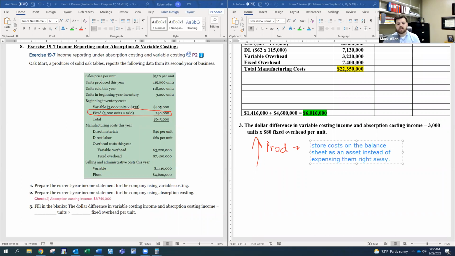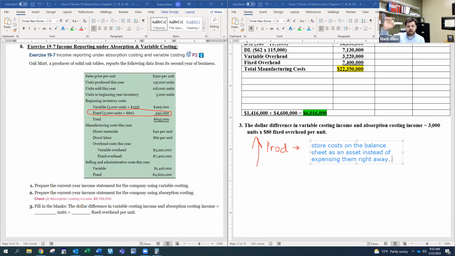This is the fundamental distinction between absorption and variable costing: under absorption costing, I can make income essentially whatever I want it to be by simply increasing production levels. So I need more income, great, I'll increase production. What's that going to do? It's going to drive down my fixed overhead cost on a per unit basis. That'll then allow me to take that lower cost per unit, shoving that over when I sell units to the income statement and cost of goods sold, reducing the expense recognized and increasing income.